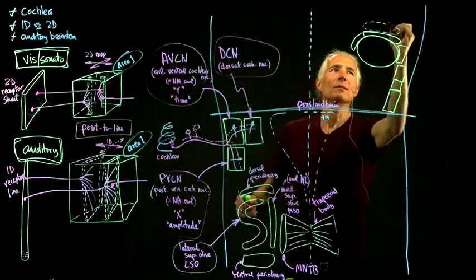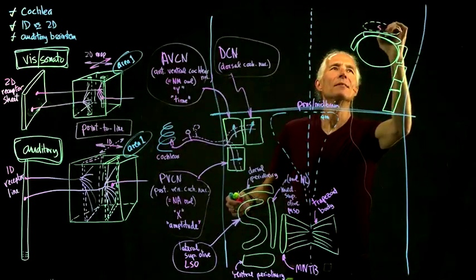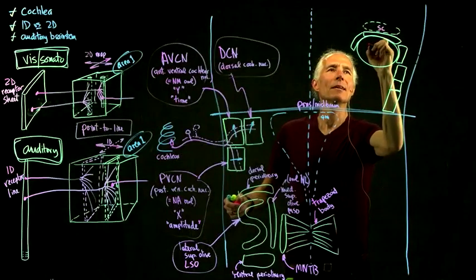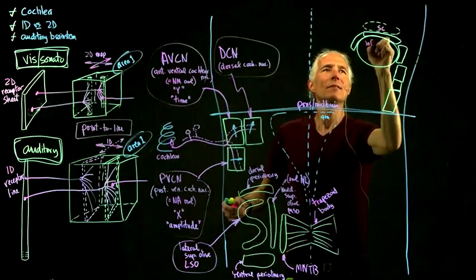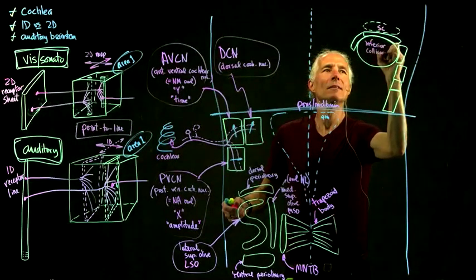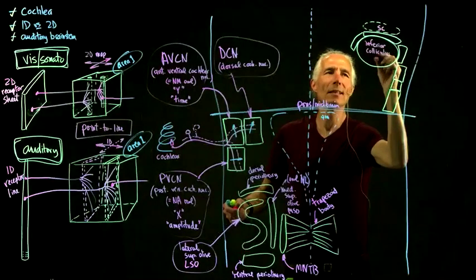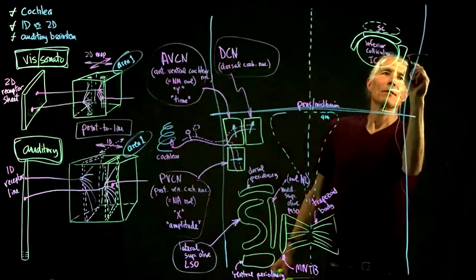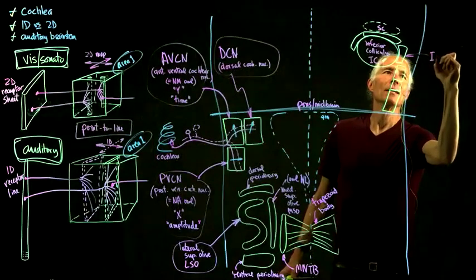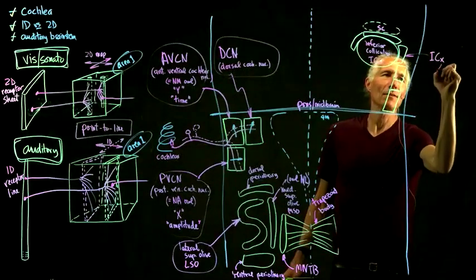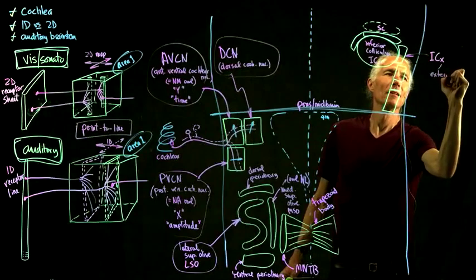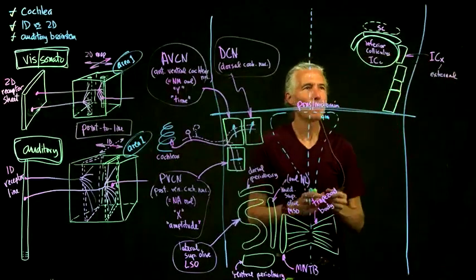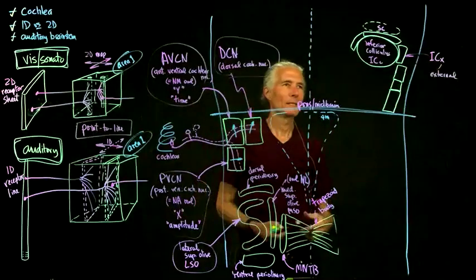There are two bumps in the midbrain. This guy is the inferior colliculus. It just means the inferior little hill, and that's the central part of it. There's one that we're going to talk about for the owls. This one's called the inferior colliculus X, for external. That's one that actually has a map of space in it.